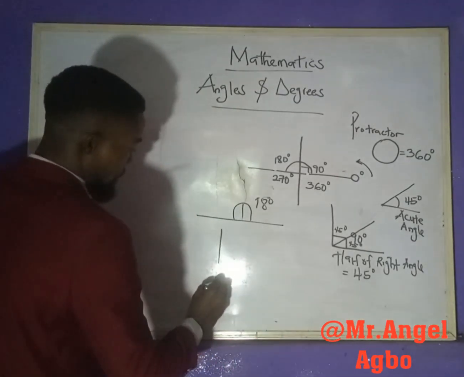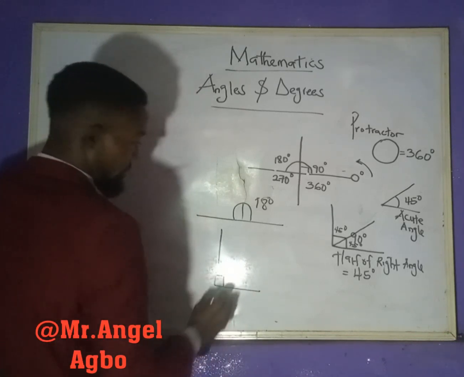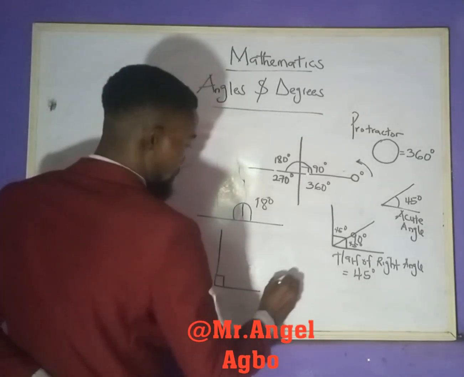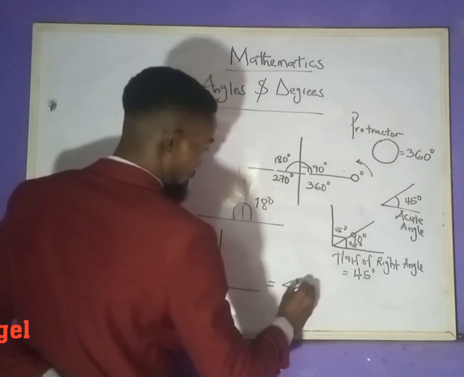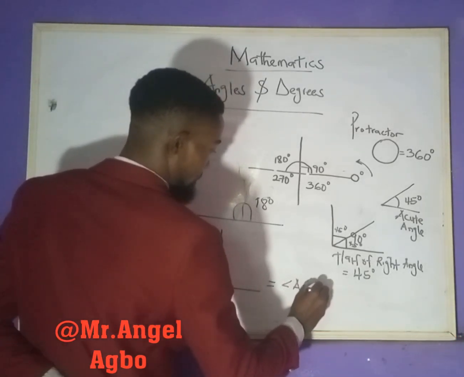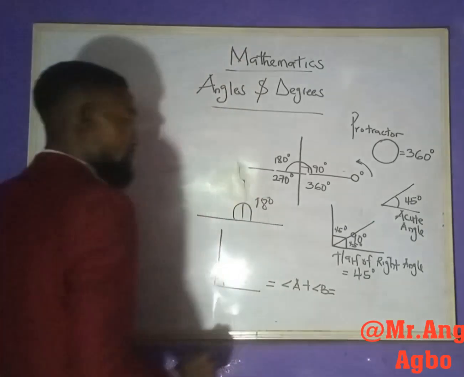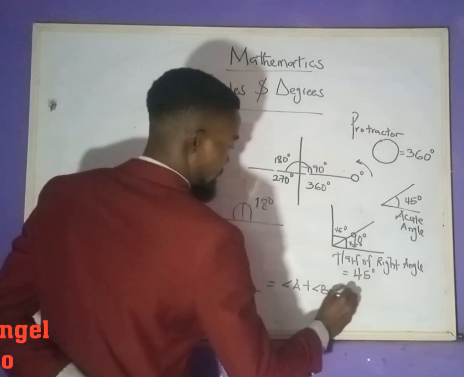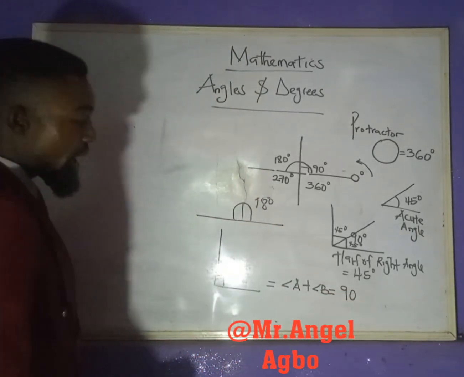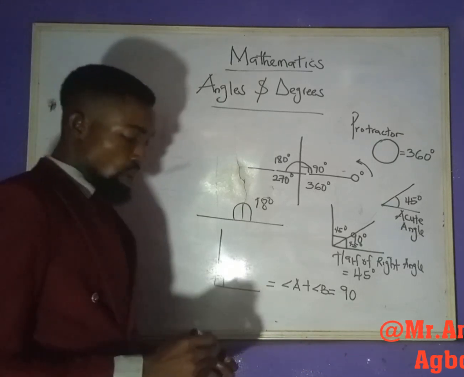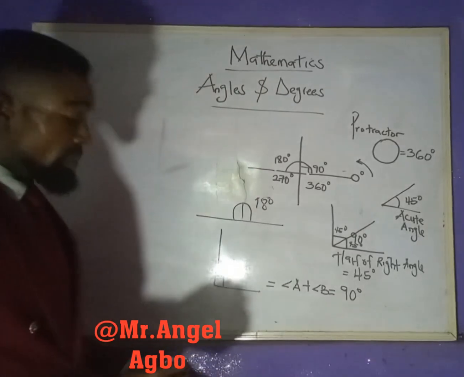So the formula for it, for instance, we have the right angle this way, is going to equal angle A plus angle B equals 90 degree. Angle A plus angle B is equal to what? 90 degree.